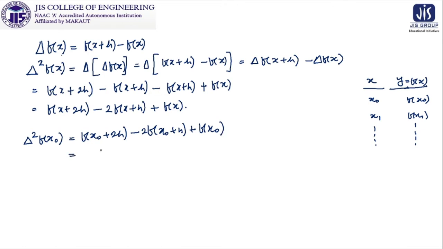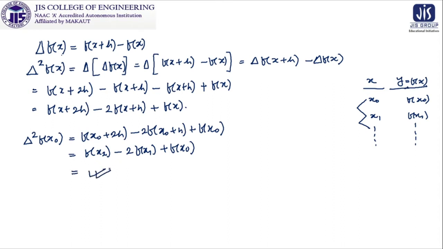Here x0 plus 2h means x2, so it is f of x2 minus 2 f of x1 plus f of x0. You can see that f of x0, f of x1, f of x2, everything is known to us, so we can get this result very easily.